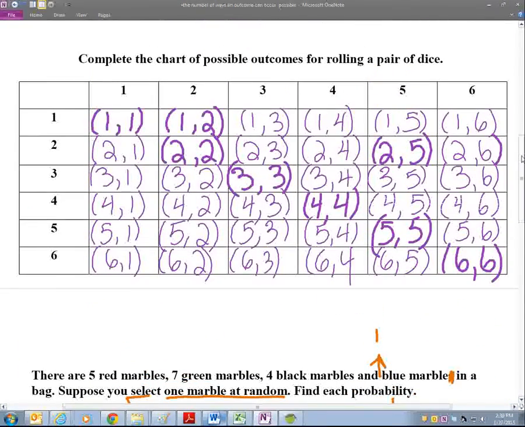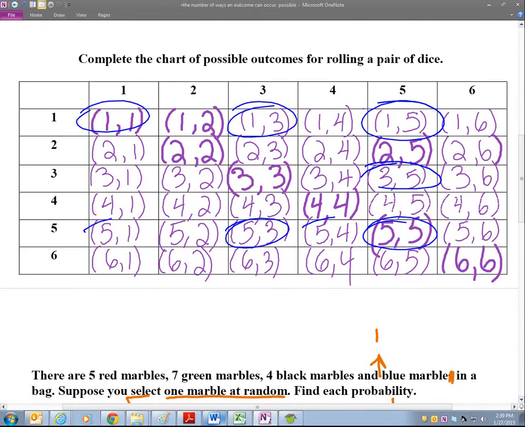So we have 1, 2, 3, 4, 5, 6, 7, 8. Where's 9? Did I miss it? There it is. 9. So there's 9 possibilities.